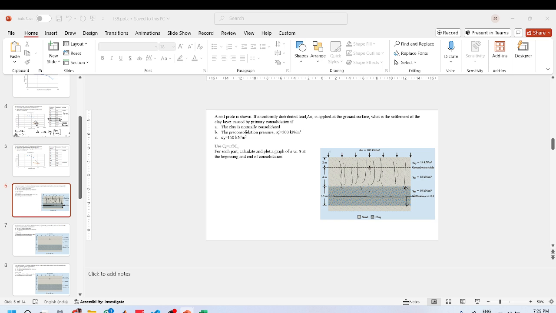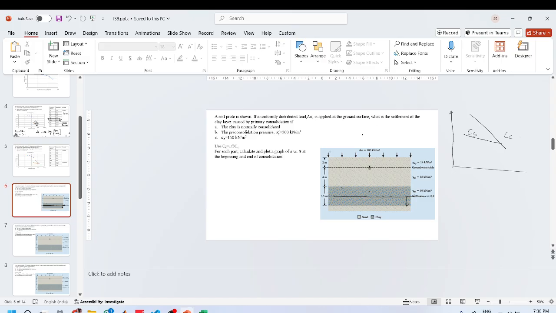Okay. So the second thing it is saying is that the soil is normally consolidated. Why it is asking that is because when the soil is normally consolidated, you are supposed to take the CC value. And when the soil is over consolidated, then you're supposed to take the CS value.